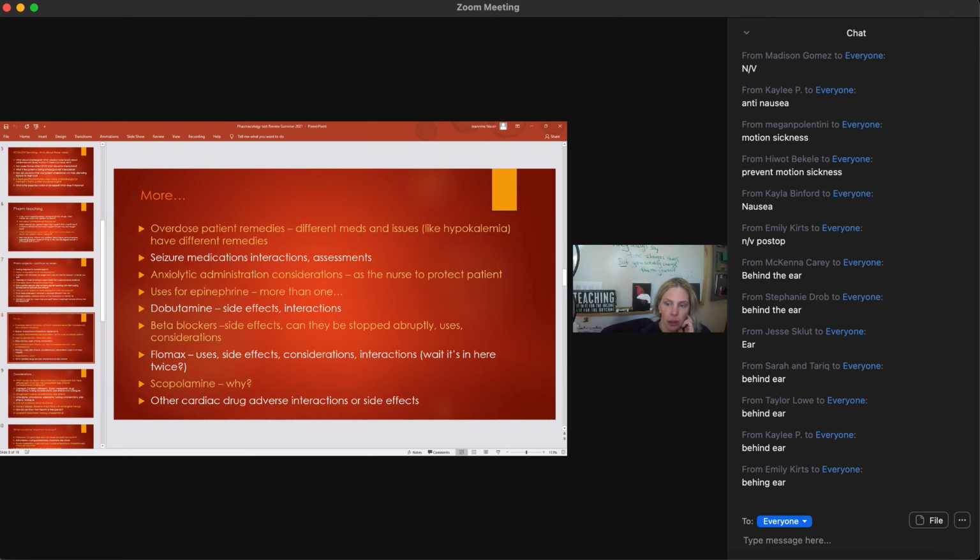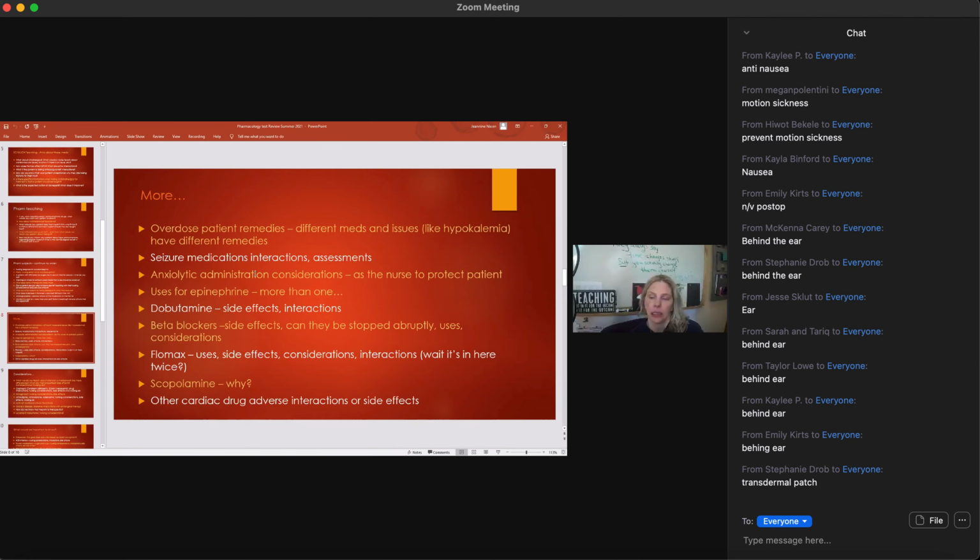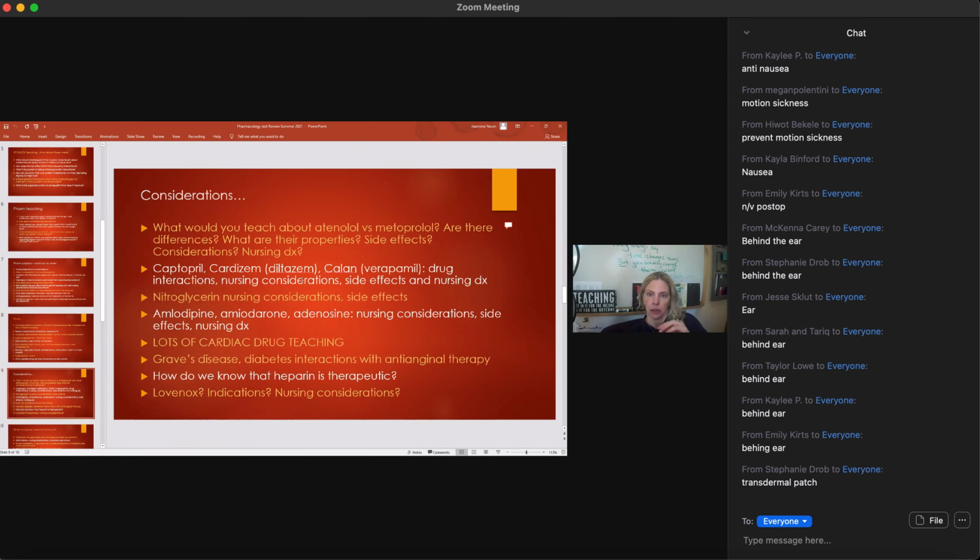Okay. There are going to be a ton of cardiac drug adverse interaction side effects that might come up. I'm going to show you the next page because you can see this. They like that in Pharm and they like that in MedSurg too. So just think about teaching about this, right?